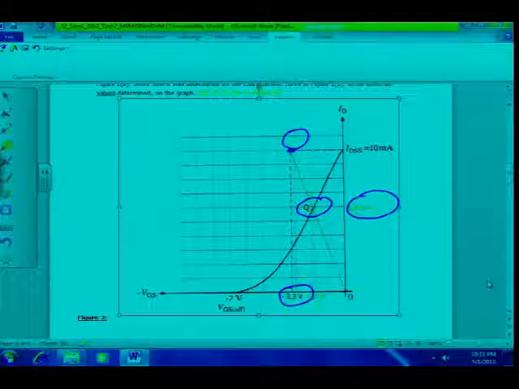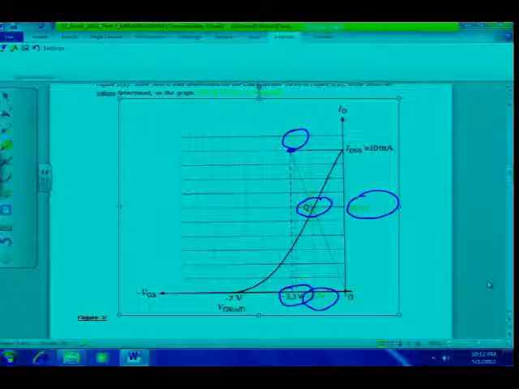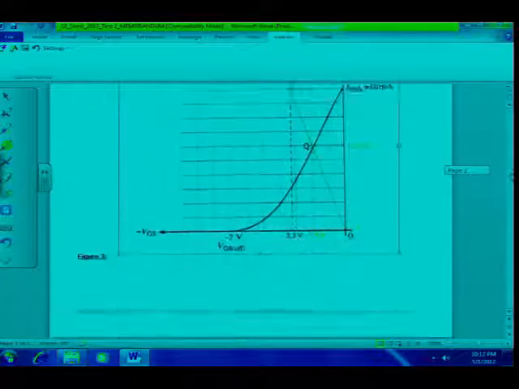Some of you wrote 7 milliamps and 6.9, but of course that's what I said. Please have a look carefully at the scale that's being used. And also for the VGS value for the Q point, minus 1.9 volts approximately. Alright, so 6 marks all in all, given on the graph. Okay, so that was question 2.1.